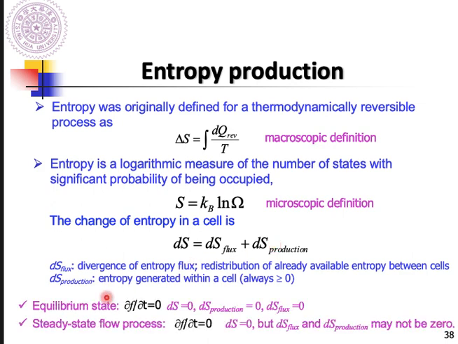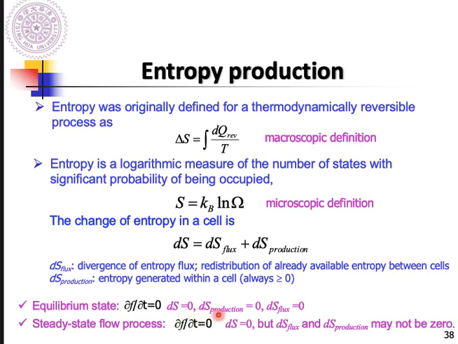So based on this, let's review the thermodynamic equilibrium state and the steady state flow process from this entropy point of view. Some people probably don't remember that when you describe the equilibrium state, the state function does not change with time. Entropy is also a state function, so in the equilibrium state the entropy also does not change with time, so you will write dS equals 0.